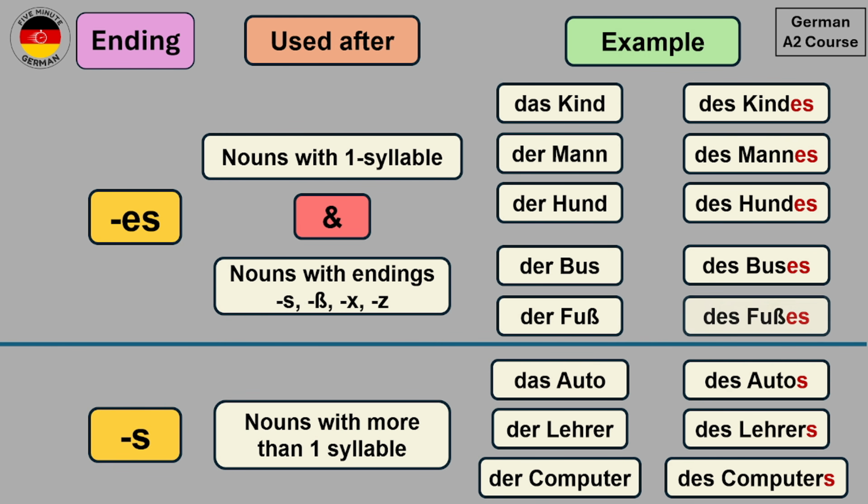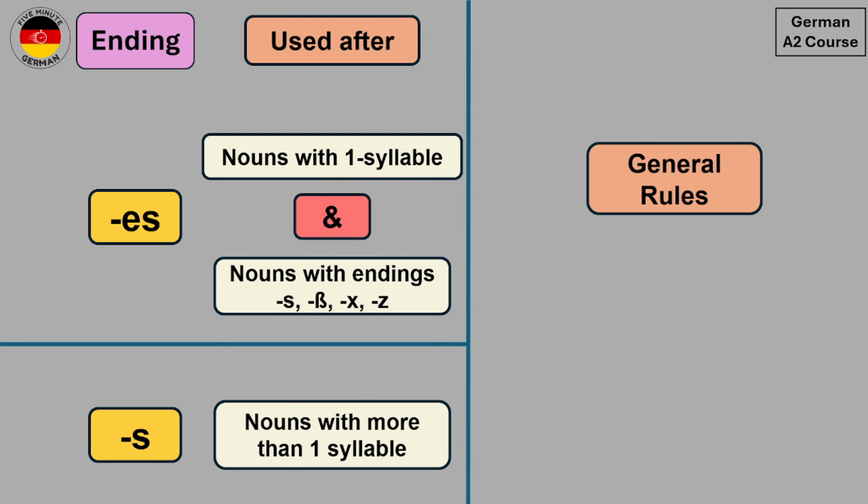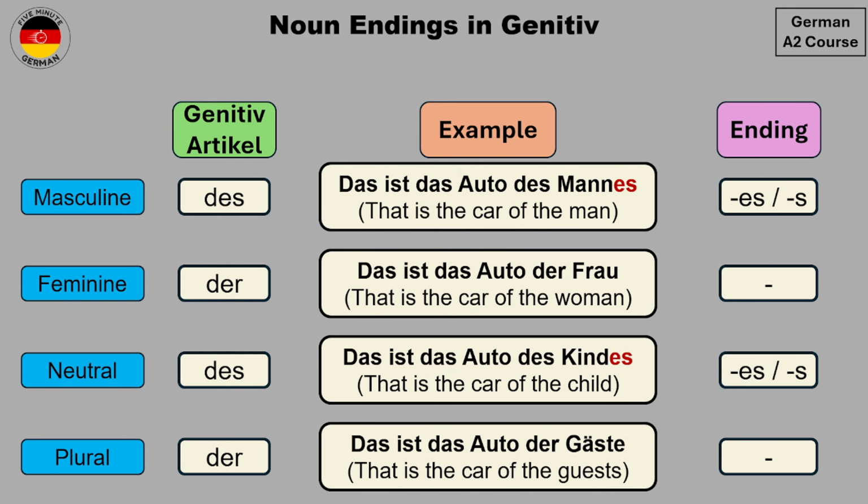So this will be des Fußes in genitive. Now one thing to remember over here is that these rules which I have given you are general rules which work in most of the cases. However, you must keep in mind that there can be exceptions which do not follow these rules. So those you have to then memorize. So these were the different noun endings in genitive.